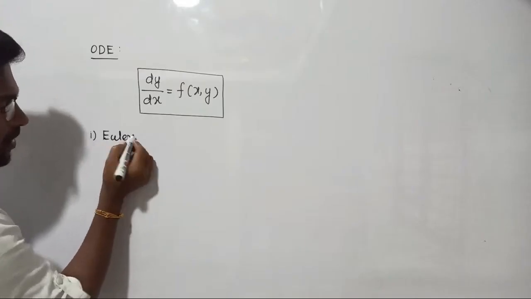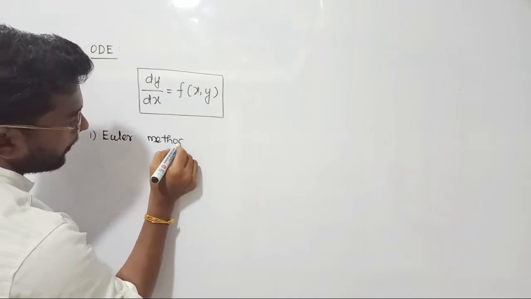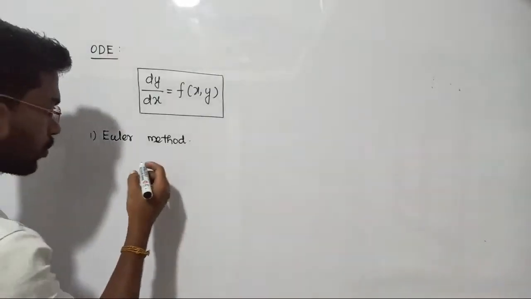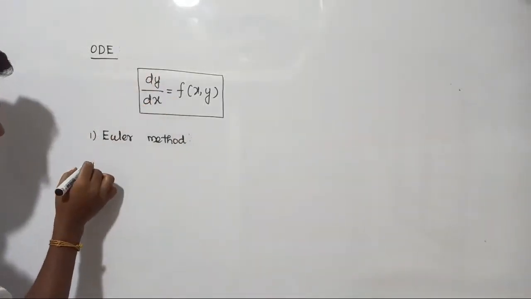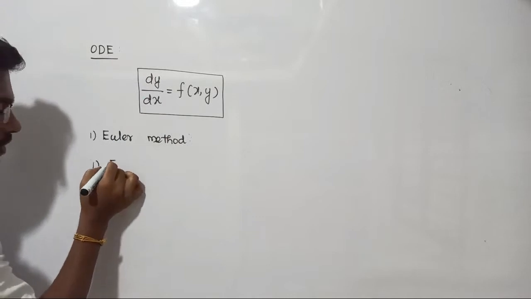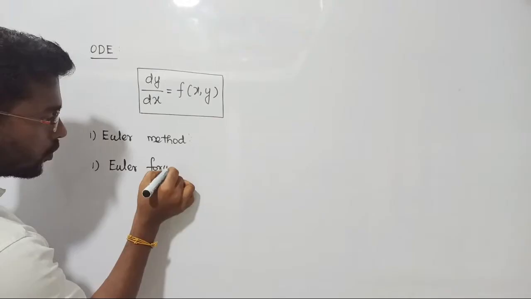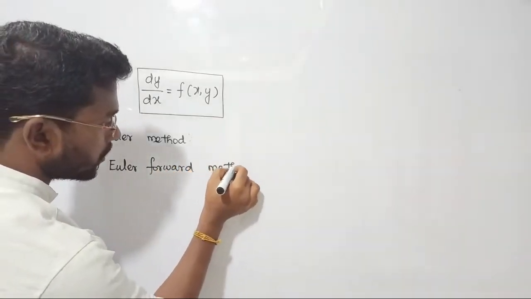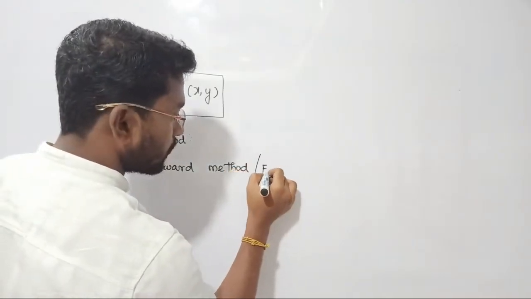In the Euler method I said there are two methods, right? Either you can solve this equation by using the first one, called the Euler forward method. I said that is called the explicit method.